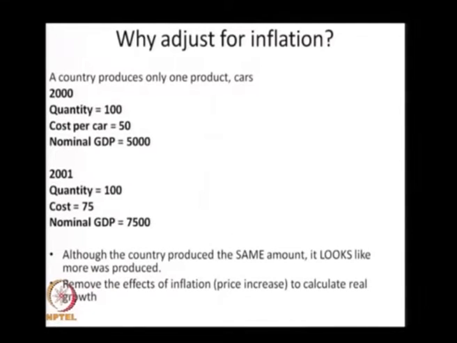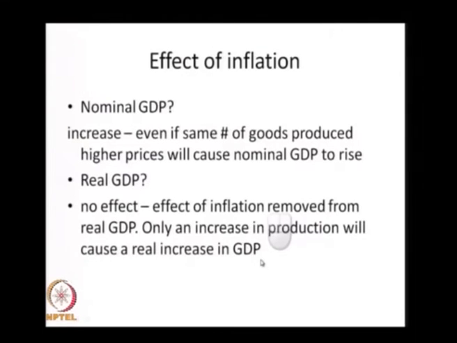So we need to remove this effect of inflation to calculate the real growth in the economy, and that is why a real GDP is essential as the basis of understanding the real growth of an economy vis-a-vis a nominal GDP. Because in a nominal GDP, even if the same number of goods are produced, higher prices will just cause an artificial increase in the GDP, whereas in a real GDP the effect of inflation is removed.